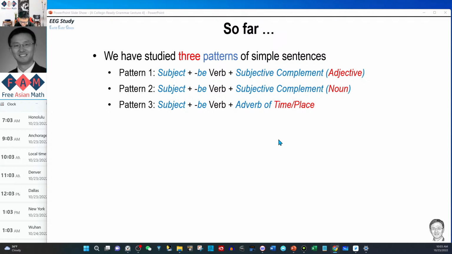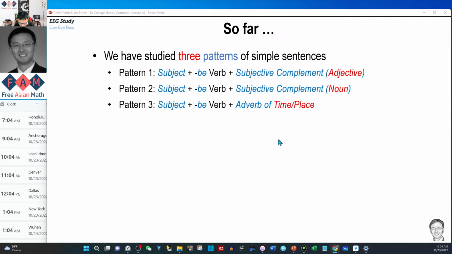However, there are some exceptions. Those are very rare cases that we are not going to discuss here, but keep in mind that this is an adverb. Usually, it will not appear in the subject plus a be verb sentence. So this pattern 3 is fairly rare.